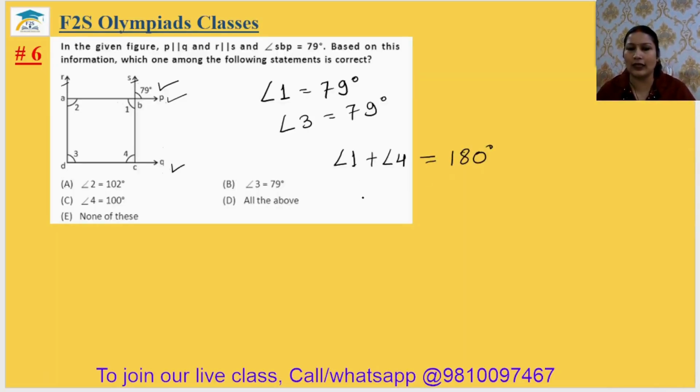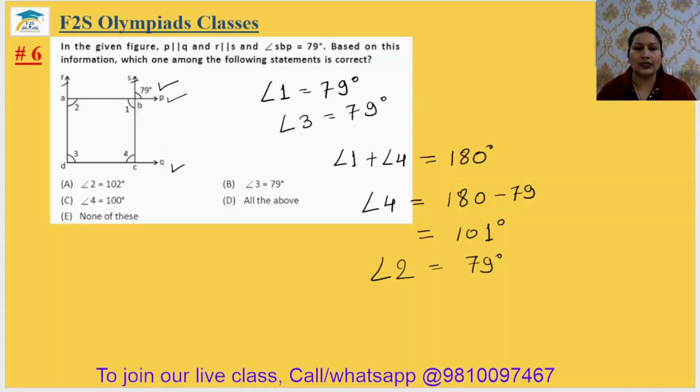So you can say angle 4 will be 180 minus 79, that is your 101 degree. Okay. So angle 4 is 101. Opposite angles are equal as it is a parallelogram. So angle 2 is equal to 79 degree.